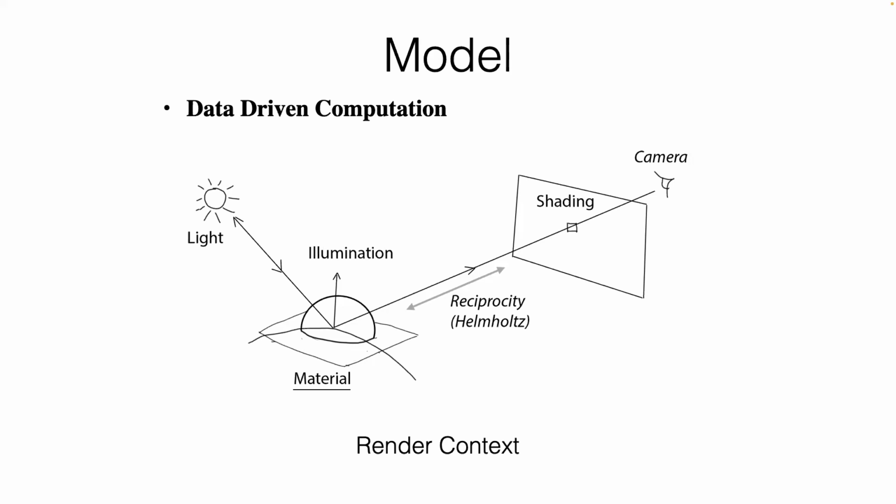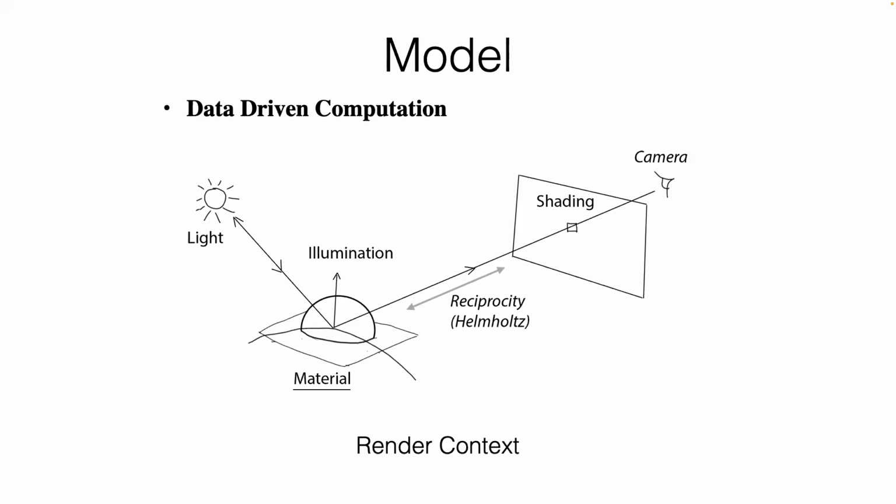What we want to compute is this render context, which is data-driven. We want to know the color of the pixel associated with a sensor of the camera. Then we can follow the rays backward to the light, as we discussed when we covered path tracing.